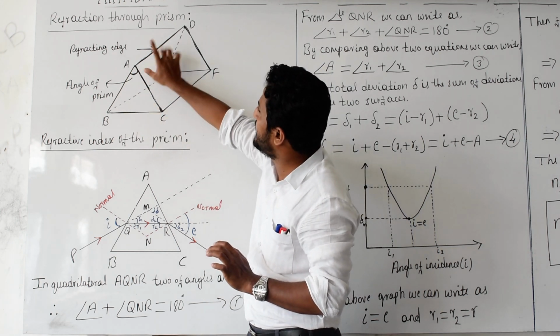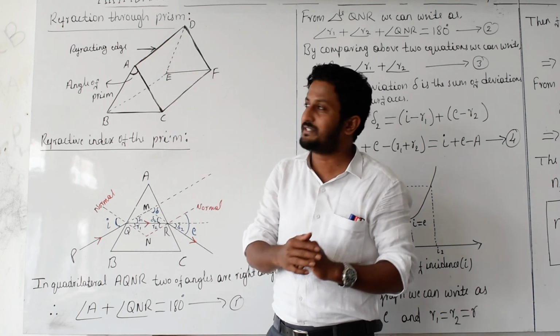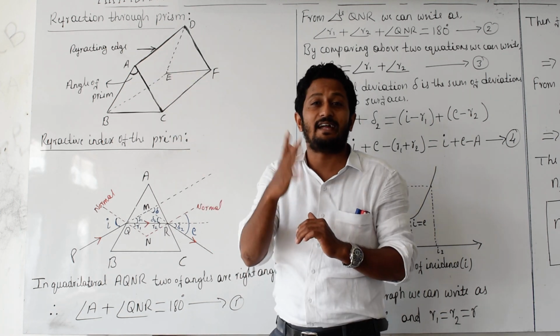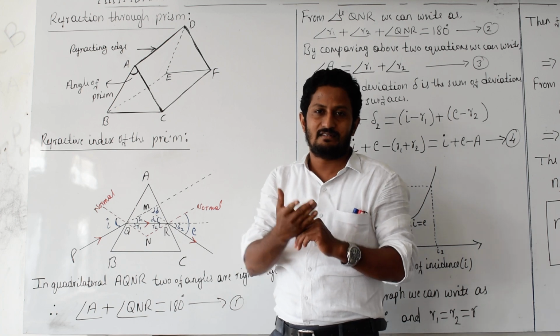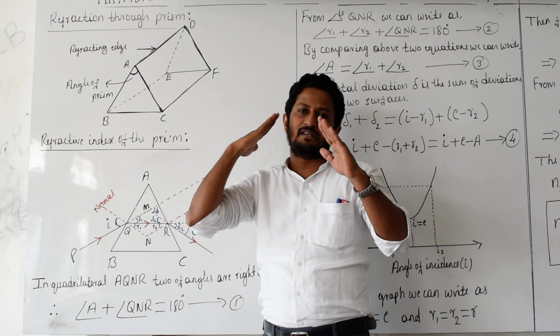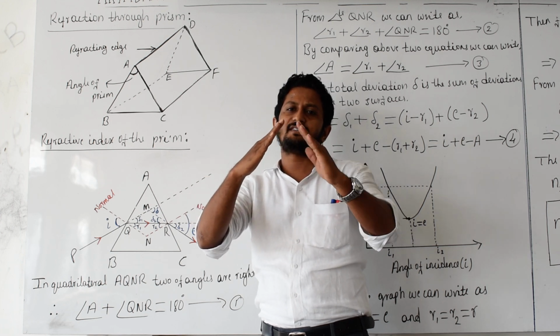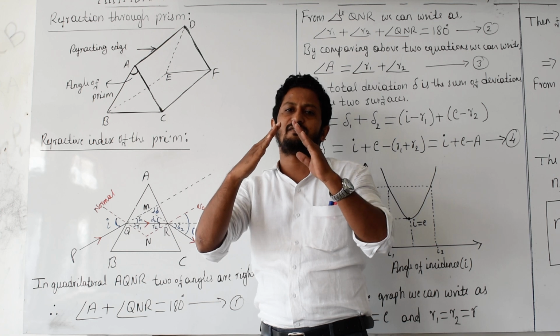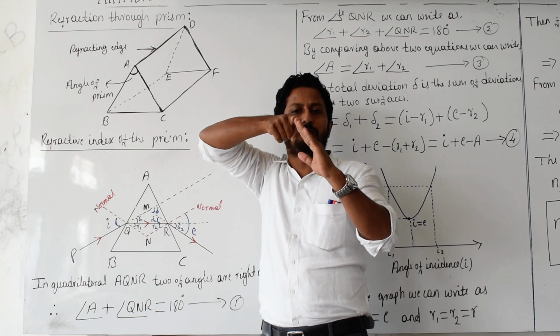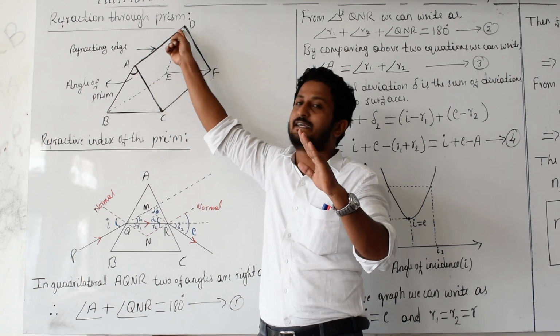Then this line, AD, is called the refracting edge. What does it mean? Here this is one rectangular refracting surface, this is another rectangular surface. At the top there is one horizontal line called AD.